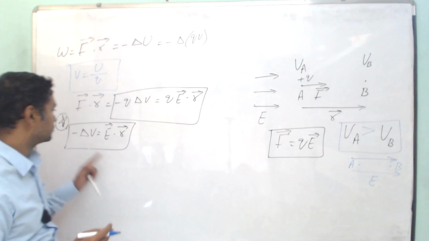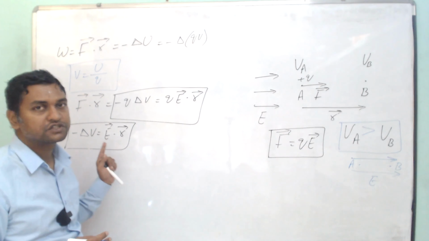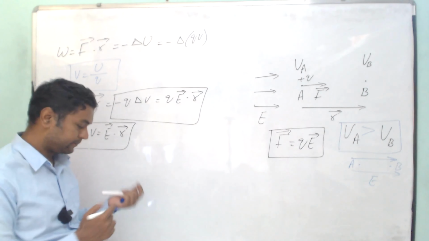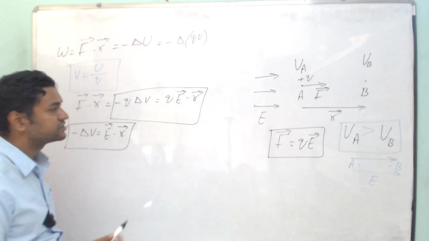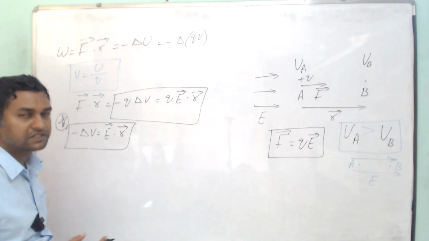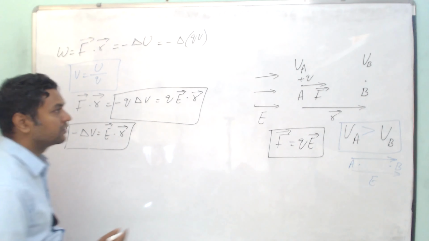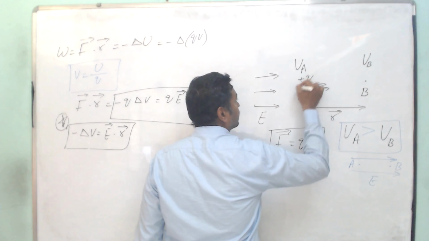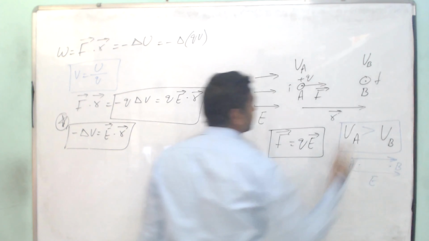Coming back to this story, we are saying there is a change in potential, right? Now, change in physics is always final minus initial. Therefore, it is going from A to B, so this is my initial and that is my final.